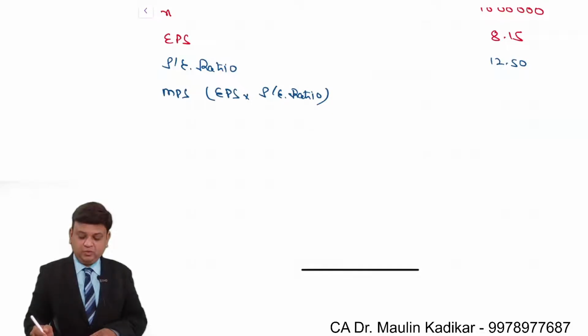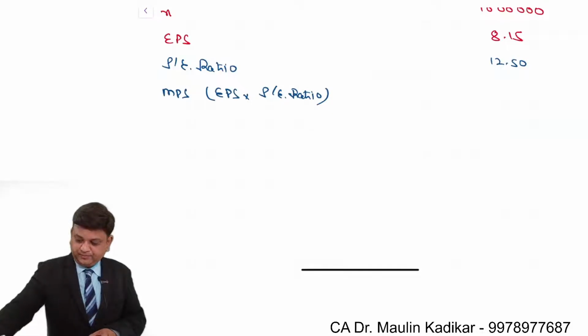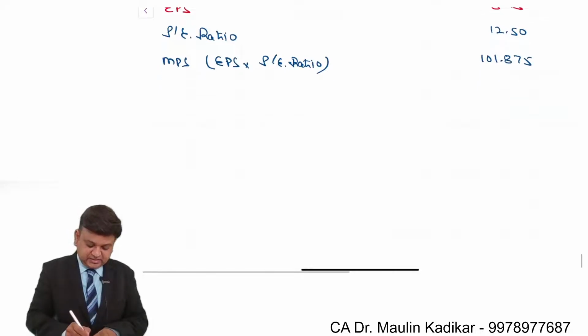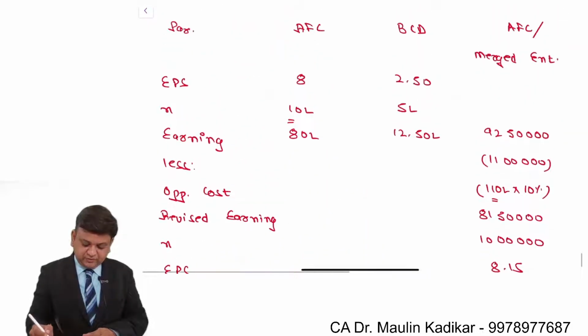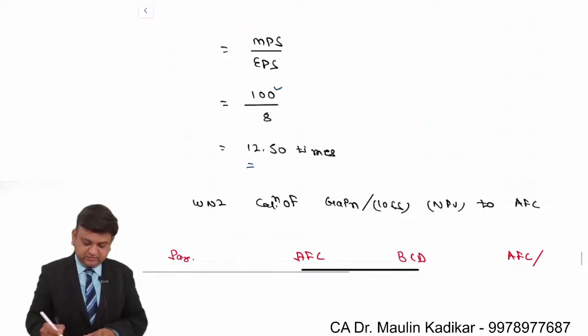That comes to 8.15 into 12.5, which is 101.875. Okay, less MPS of AFC Limited before merger. It was an amount of rupees 100.